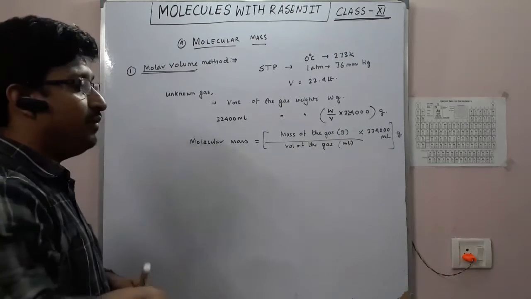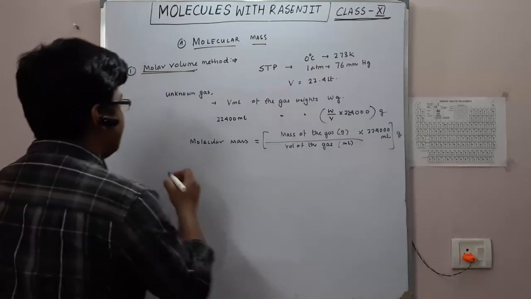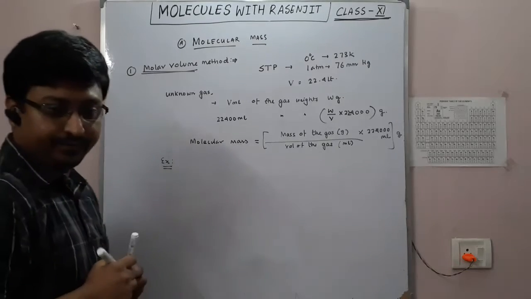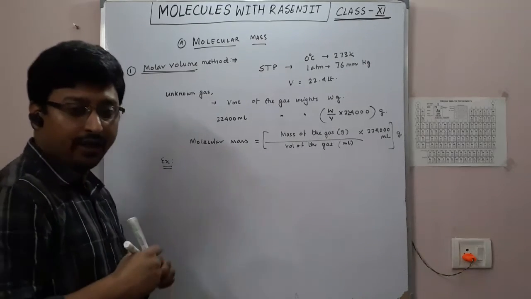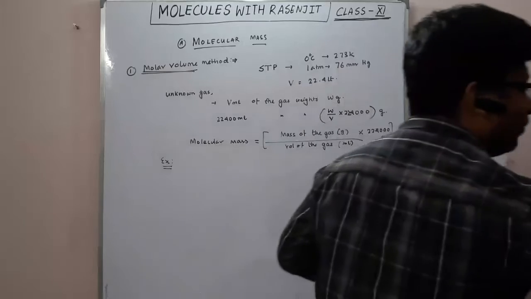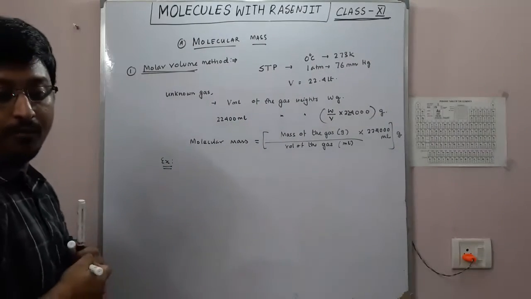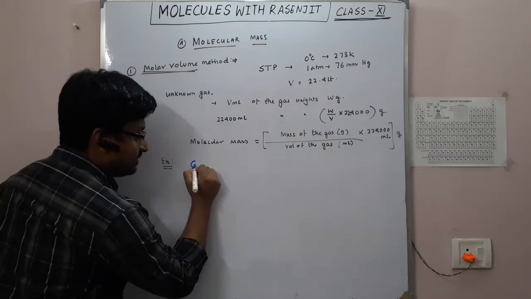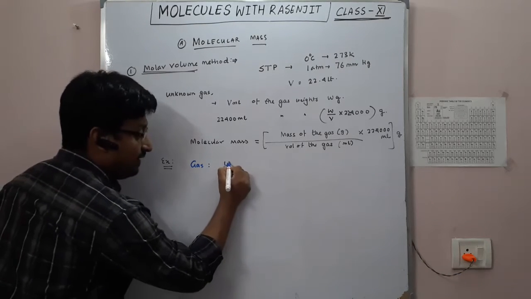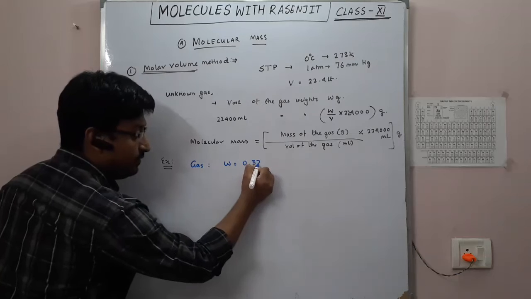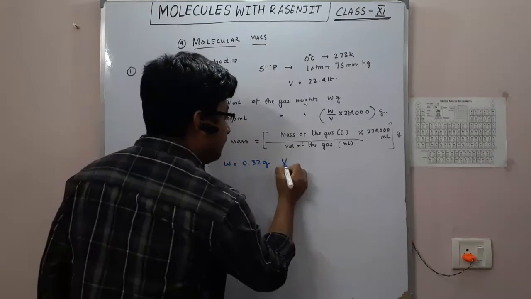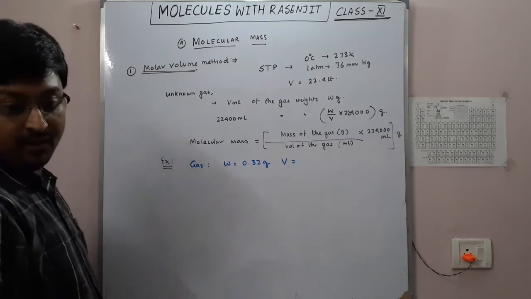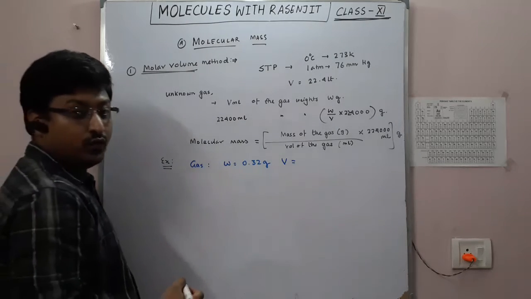Now let me give you an example. Let's say the weight of a gas is 0.32 grams, and the volume occupied by that gas at STP is 224 mL.